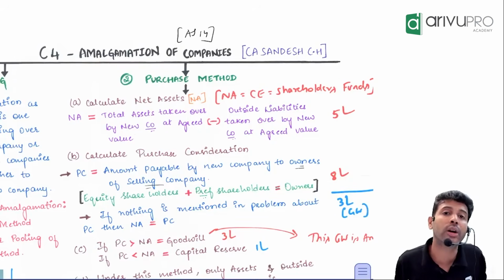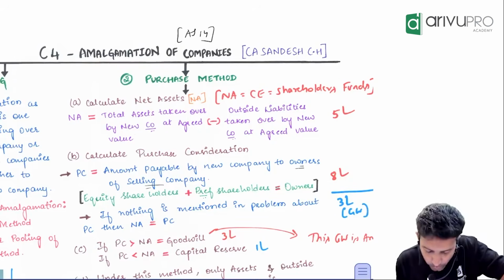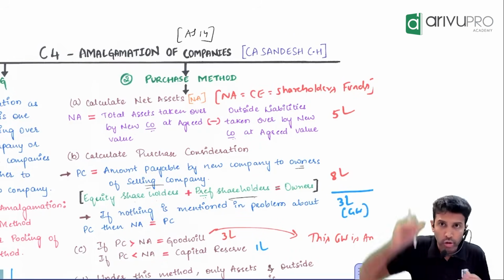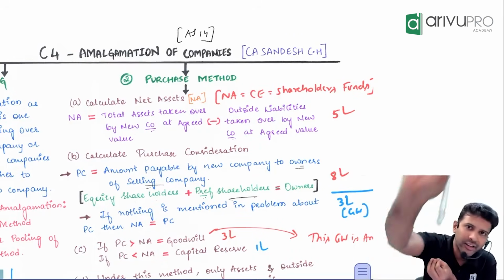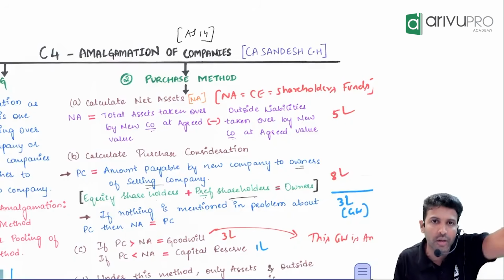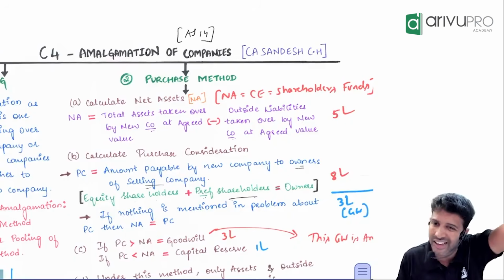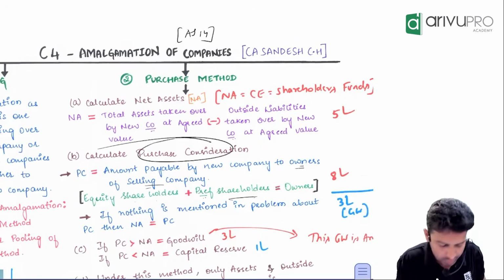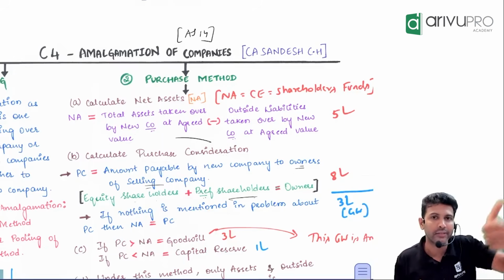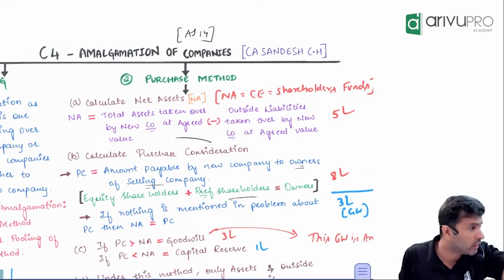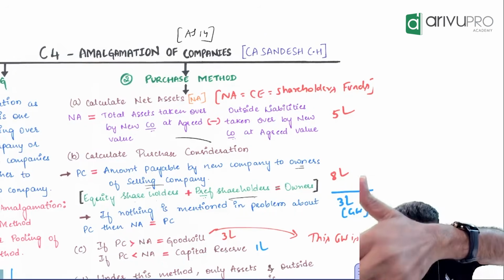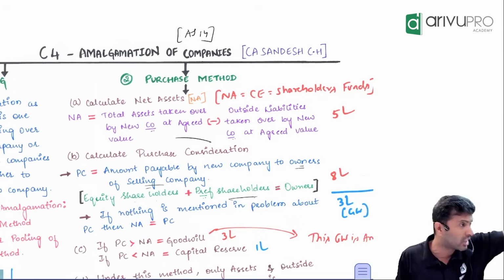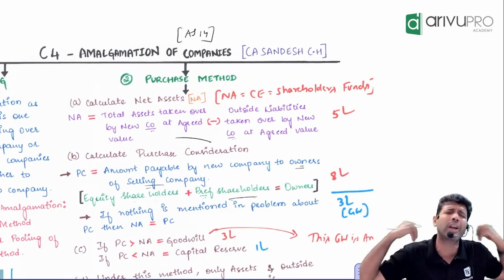And who are the owners in the company? Equity shareholders. So whatever the new company gives to the equity shareholders and preference shareholders of the selling company will come under the bracket of this. You can give them cash, you can give them new equity shares, new preference shares, debentures, assets, whatever you want.